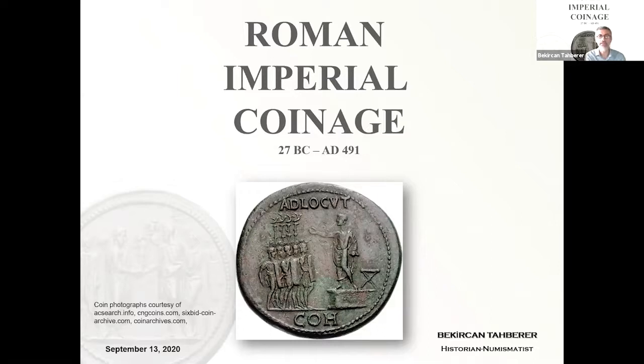And it ends in 491 when Anastasius ascended to the Roman throne and introduced some fundamental changes to the monetary system. So we're going to talk about a history of the Roman coinage of 500 years.